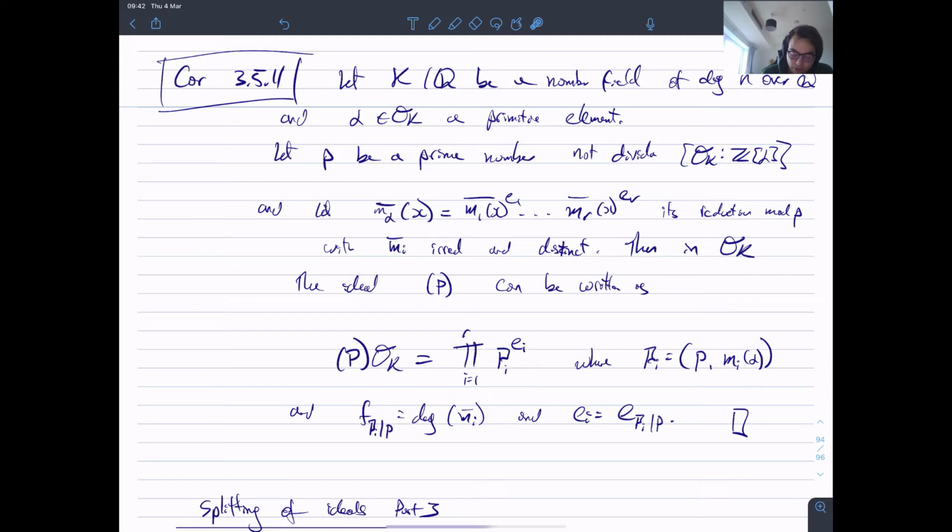It tells me that the ideal generated by p in O_K factors as a product of prime ideals, each of which looks like the number p together with m_i of alpha, where m_i is some polynomial which reduces to this mod p. The degrees of these m_i's will tell me the residue degrees, and these e_i's, the exponents showing up here, will be the ramification degrees.